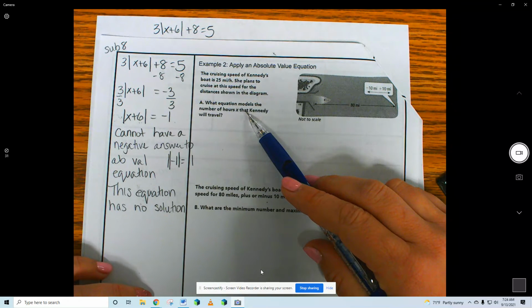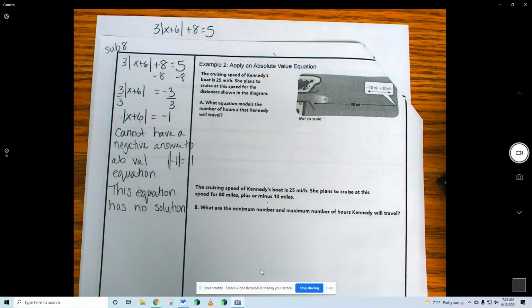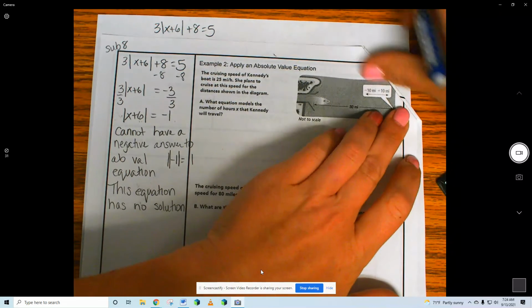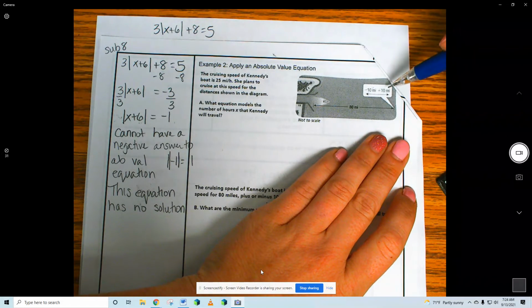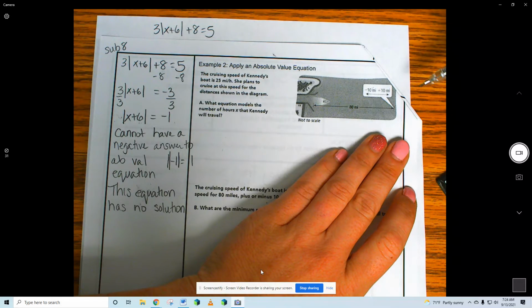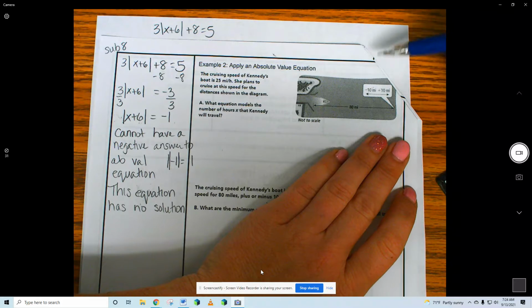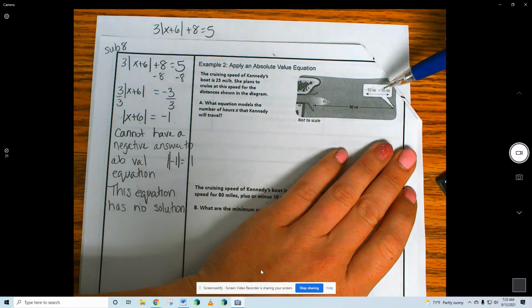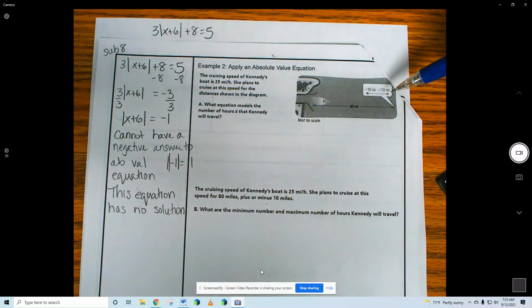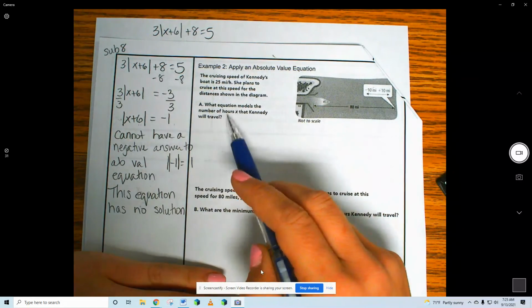Okay, well, it says negative 10 miles plus 10 miles. So what that means is she is 10 miles from the 80-mile point. So what we're going to say is that she's going to do 25 miles an hour, and it says the number of hours.